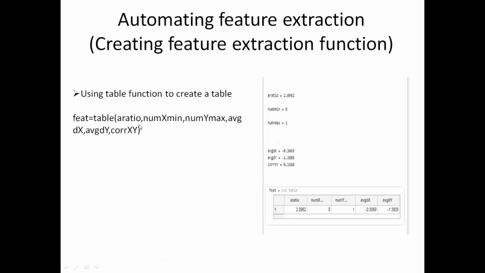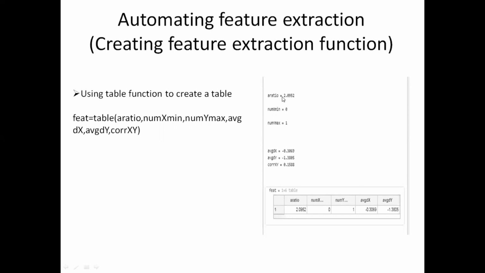So we have the aspect ratio, number of local minima peaks, number of local maxima peaks, the average dx value, the average dy value, and the correlation. It will pick out all those values and put them in a table form, and I am naming that table feature table, FEAT.